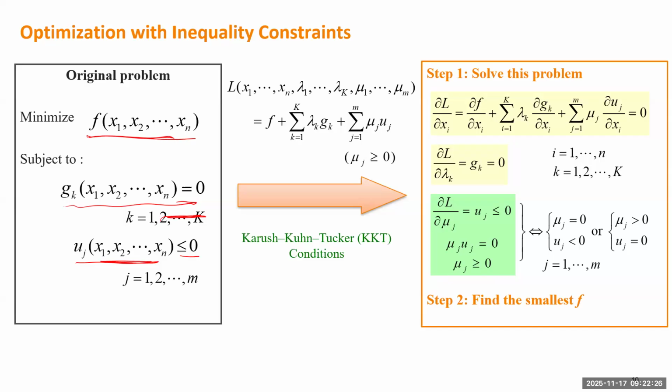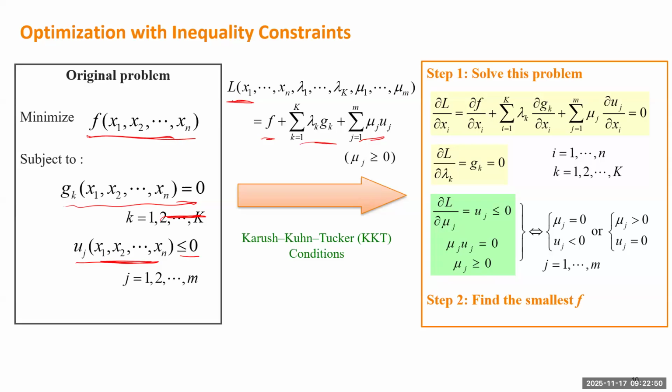So the idea to solve this problem is to have this Lagrangian function L. The first term is just the original cost. The second is the penalty we're going to pay for violating the equality constraint. And the third is the penalty we're going to pay for violating inequality constraints.